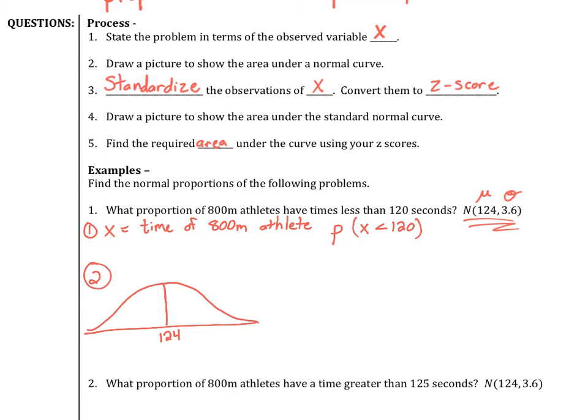We want to find out the probability that it's less than 120. So 120 is on the left side of 124. And we want to find out less than that, so we shade to the left. So what are the chances it's in that shaded region? What are the chances it's less than 120?